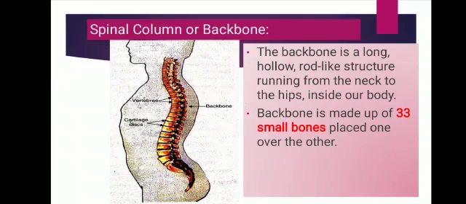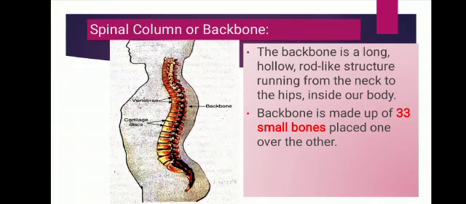Backbone forms the main supporting structure of the body, and it is not a single bone. It is made up of 33 small bones placed one over the other. These small bones which make up the backbone are called vertebrae, and between these vertebrae cartilage is present.